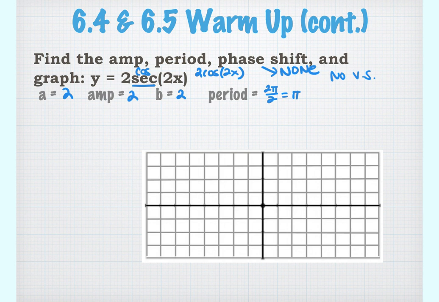To find the key points, I'm going to take the period. I start at 0. I take that period, multiply it times a fourth, times a half, times 3/4. And the last one is the period. So this is pi over 4, pi over 2, 3 pi over 4, and pi. Those are my 5 key points.